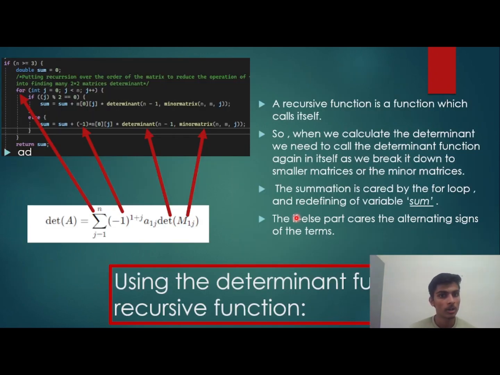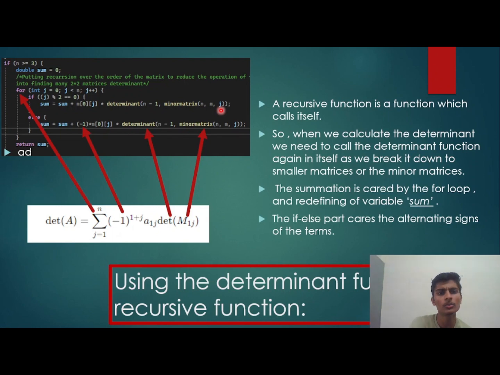Okay, now understanding the recursive function, the determinant's recursive function. Now what is a recursive function? A recursive function is a function which calls itself. So now what we are doing, for n greater than or equal to 3, the determinant calls itself again and feeds the function, its own function, the lesser sized matrix called the minor matrix.